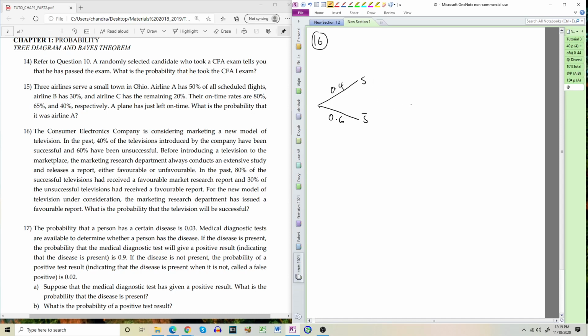the marketing research department always conducts an extensive research, with favorable or unfavorable reports.